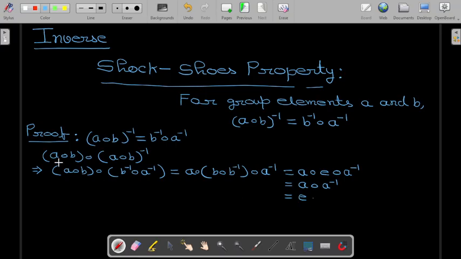So A composed B whole inverse is equal to the identity element. And what we have chosen, A composed B whole inverse, is equal to B inverse composed A inverse. So we have proven that A composed B whole inverse is equal to B inverse composed A inverse. So the property holds.